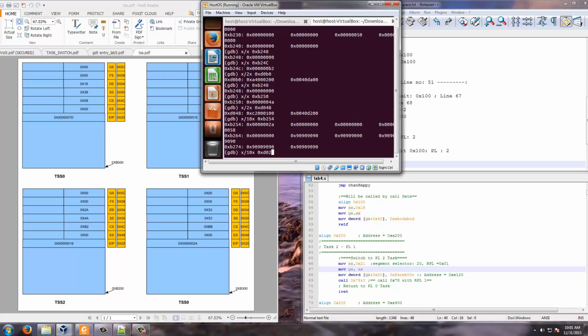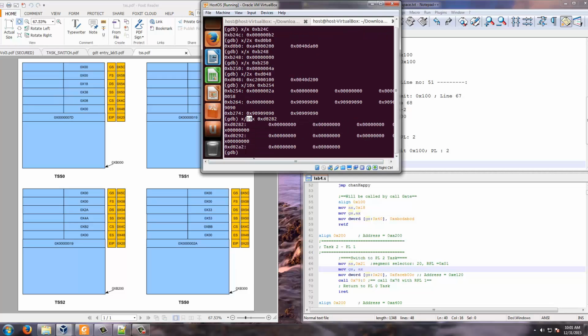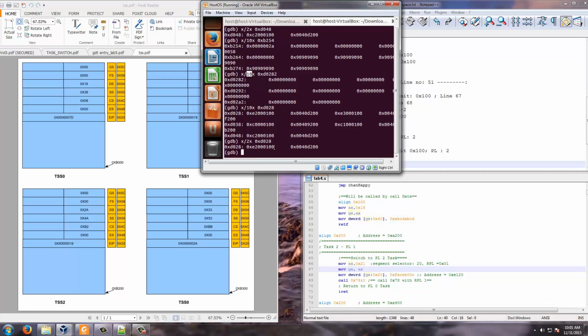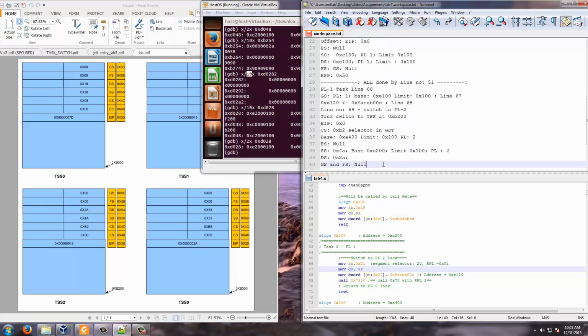What is 2A? That is nothing but go to the GDT and see what is D0 to 8. Actually, A will be 8. This is only the GDT. So this is a data segment starting at E1200 with base E1200, limit 100, and PL is 2.